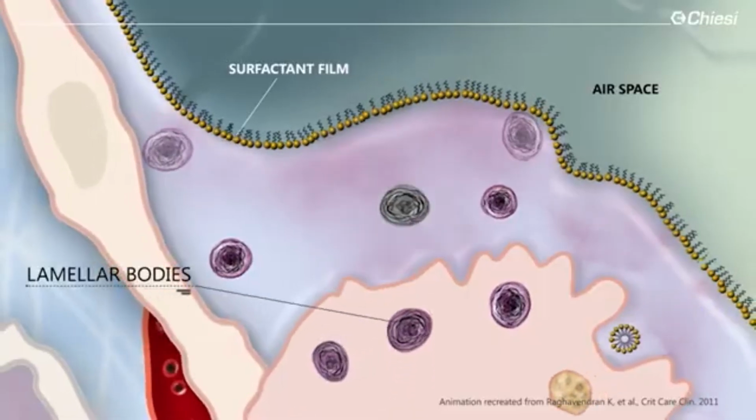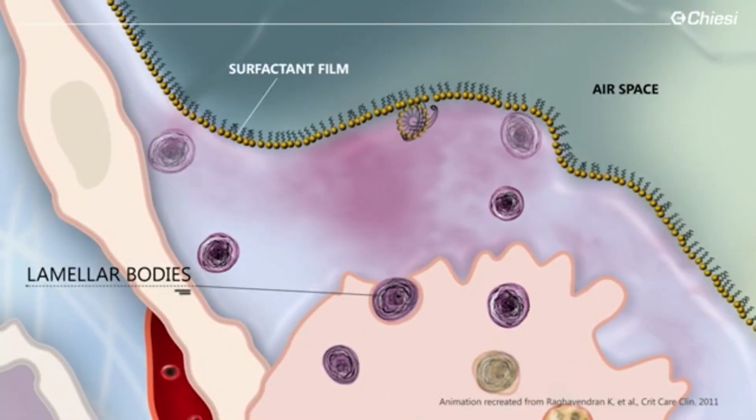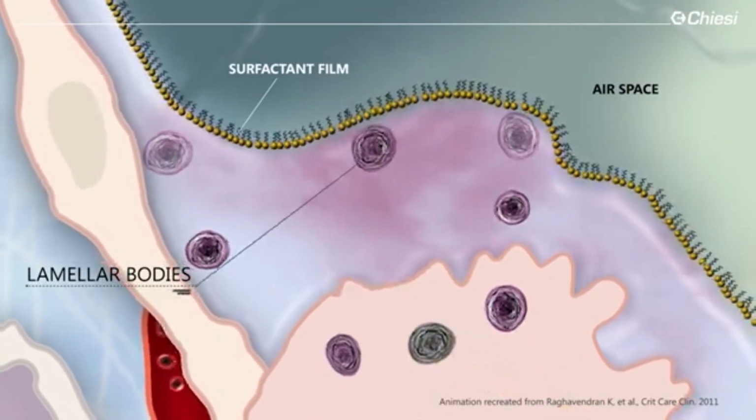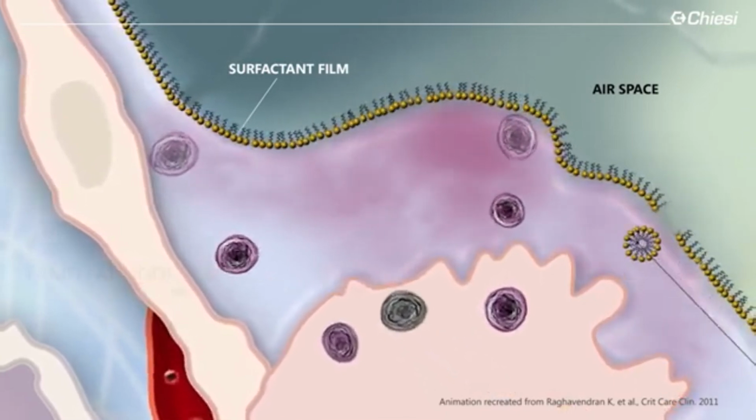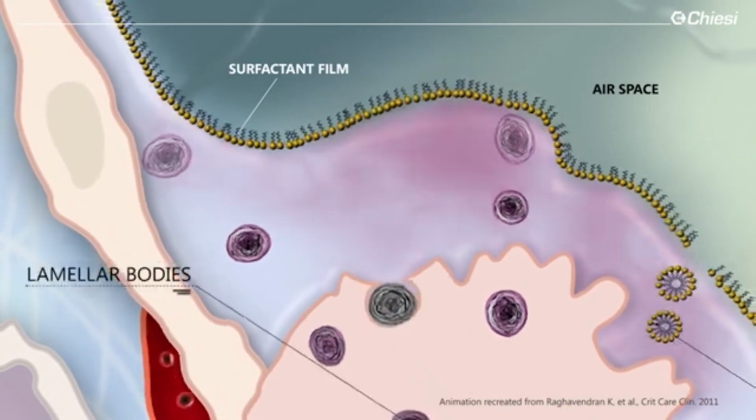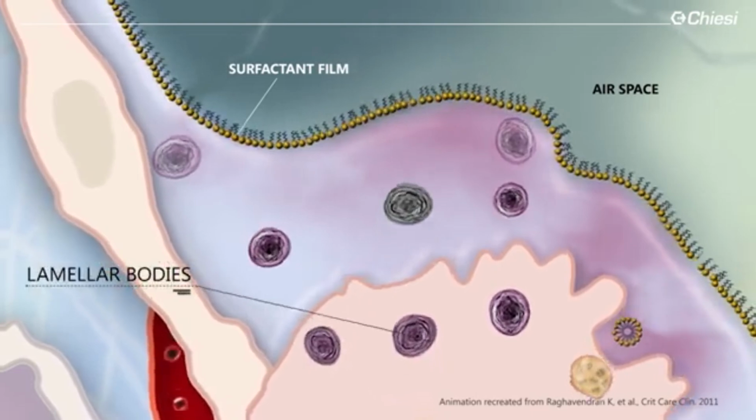Once secreted into the alveolar space, the lamellar bodies are opened up with the squeezing of alveoli, with the respiration, and they are creating this film. For the creation of the surfactant film, there is a protein, surfactant protein B, that is very, very important, and I will tell you later on about that.